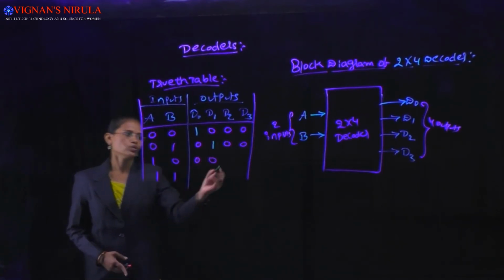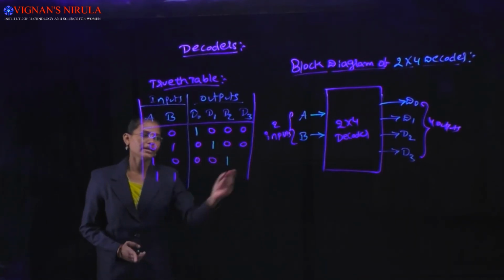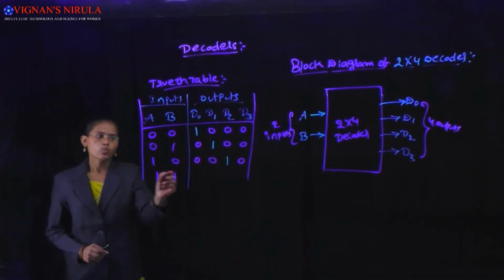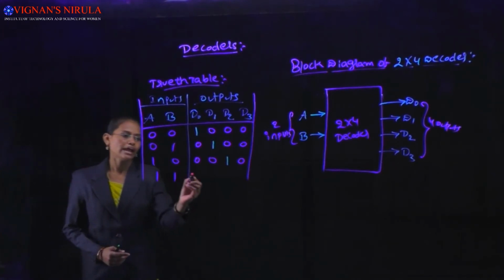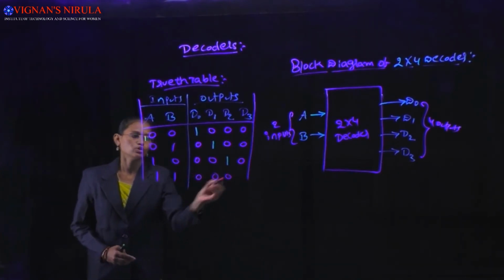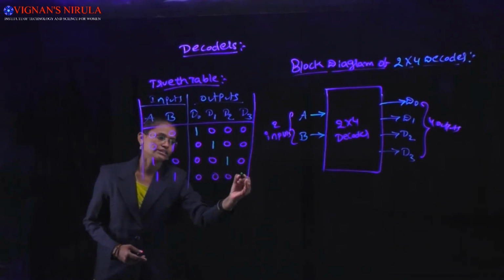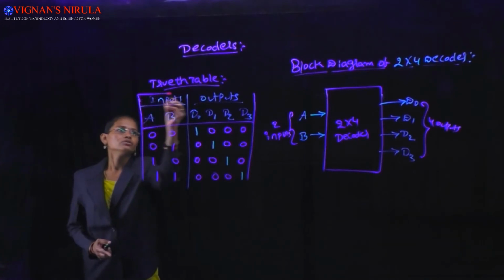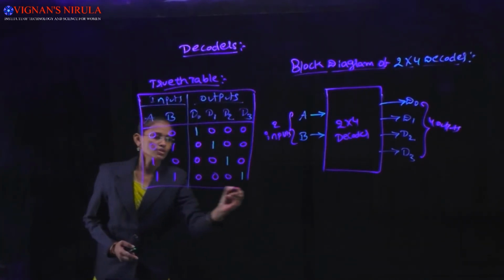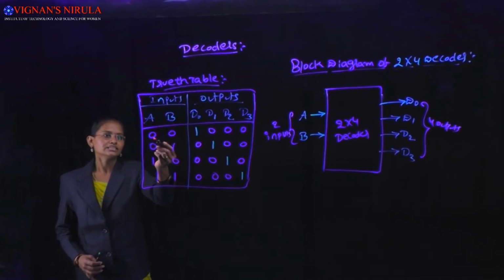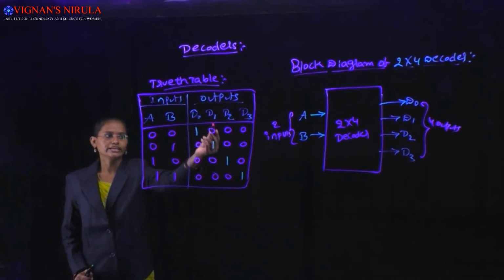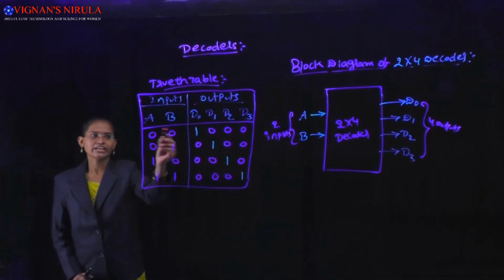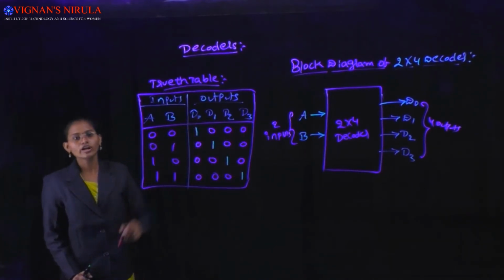The D2 output is 1 and the remaining are all zeros. Next, the input given is 1 1, and the 1 appears at D3. This is the truth table for the 2 to 4 decoder. 1 appears at 0 0 D0, 0 1 D1, 1 0 D2 and 1 1 D3.